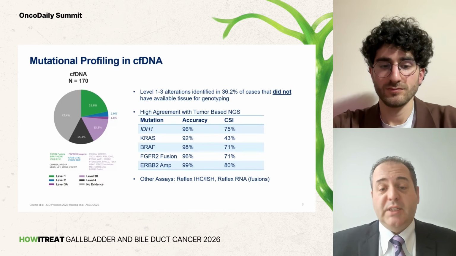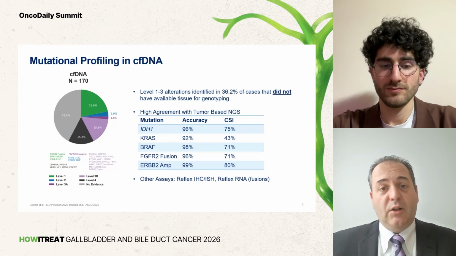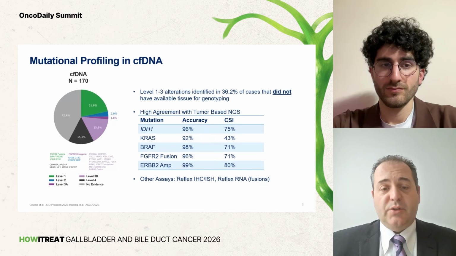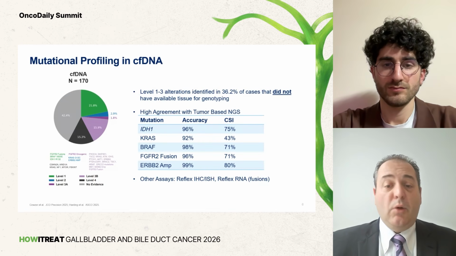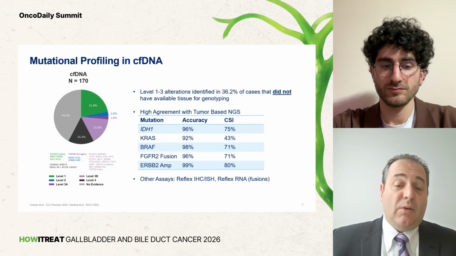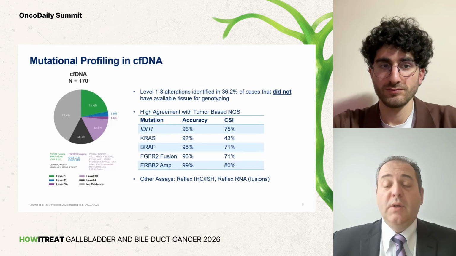It's higher for single nucleotide variants, lower for amplifications, and lower for fusions. So when genotyping biliary tract cancers, we need to keep that in mind. We may need to use a multitude of different testing. In my practice, I will often use both immunohistochemistry for HER2, which is reflex testing and required now.